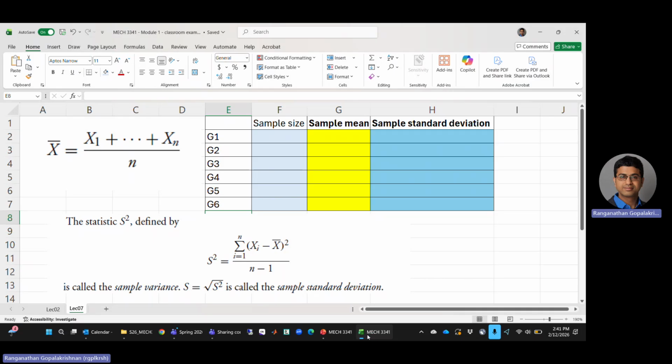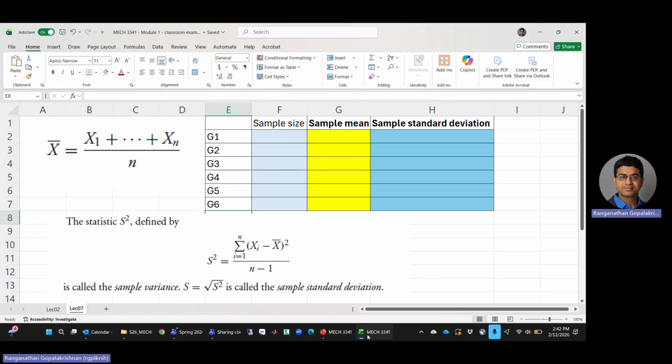Can you come here? So 1, 2, 3, 4, 5. You are group 1. And then 4 of you in the second row, you are group 2. One of you, write down all the 4 heights on a sheet of paper or Excel and compute the average and standard deviation. This group here, sample size 6, 1, 2, 3, 4, 5, 6.